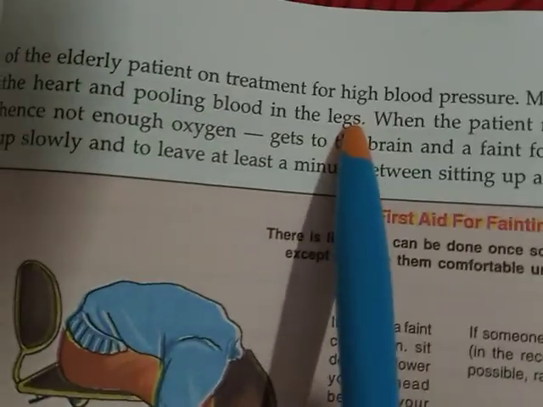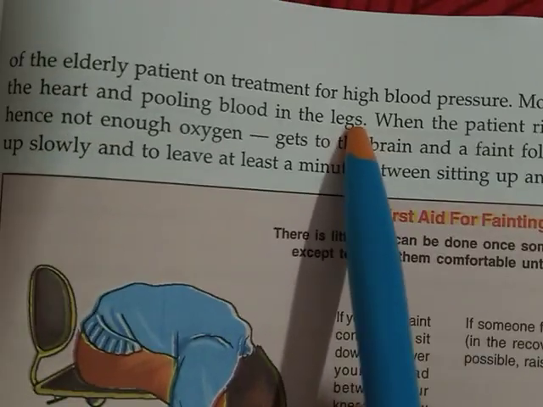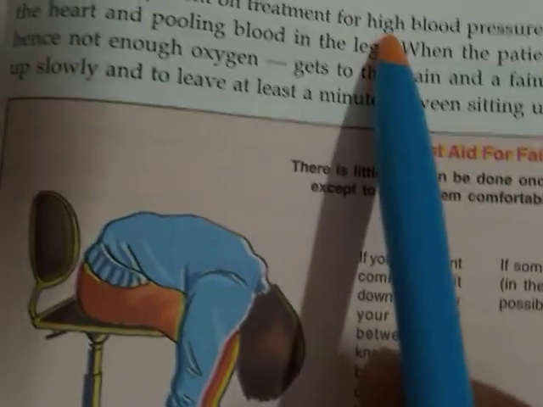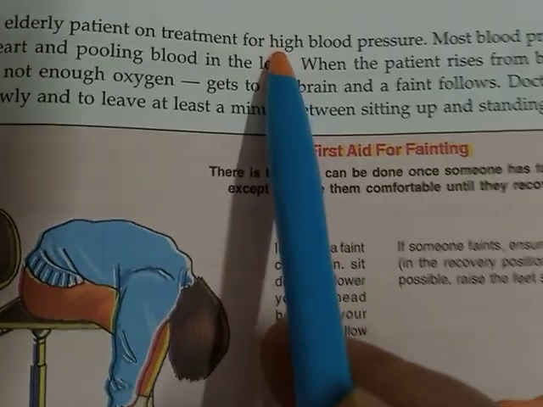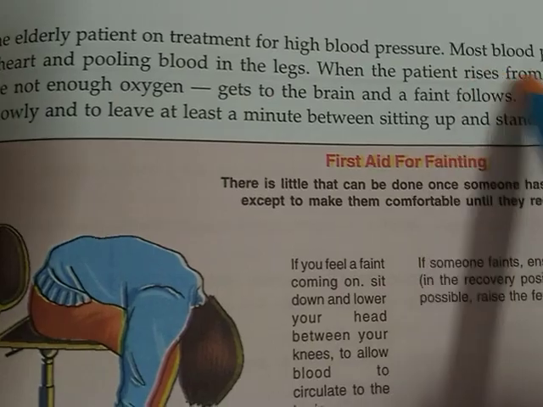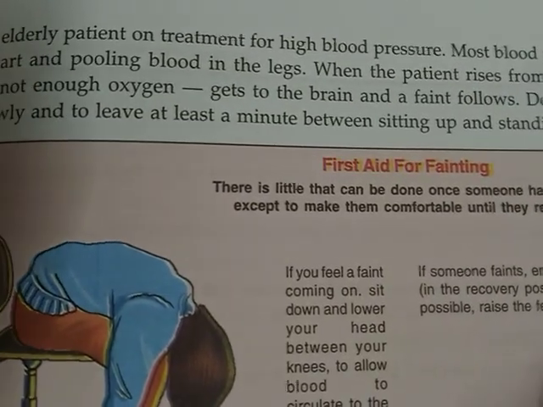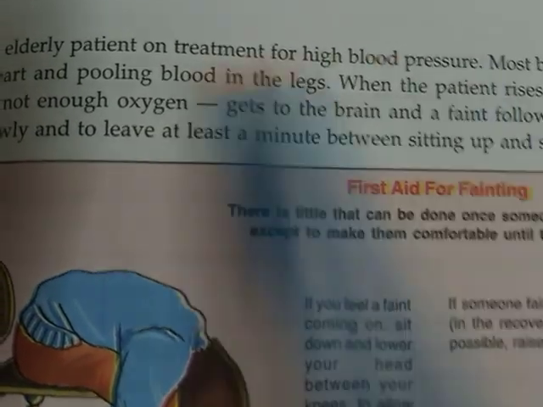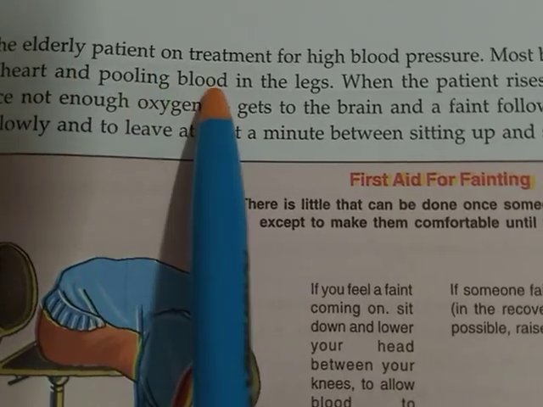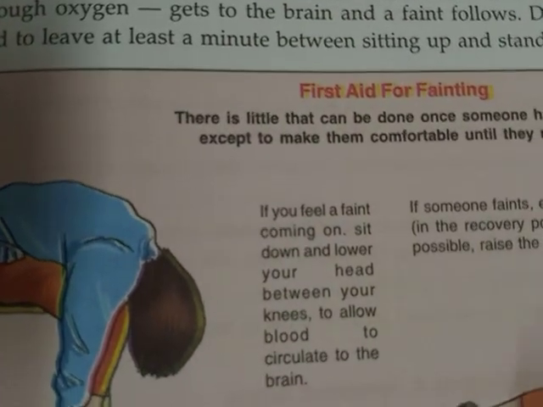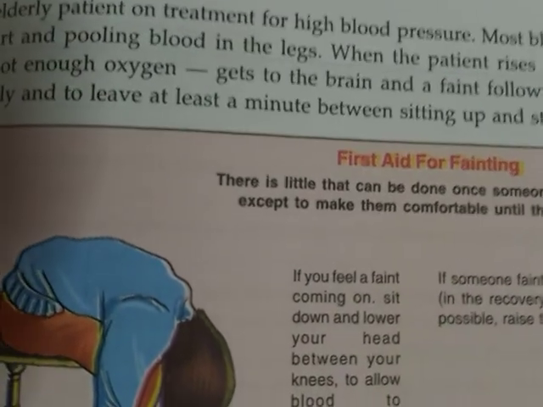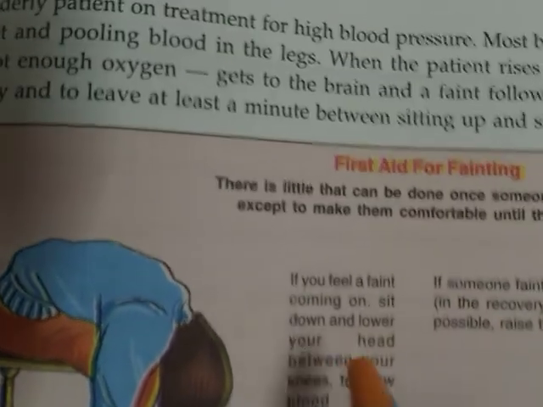Some people suffer from high blood pressure. When they do, they take some medicines or drugs, and those drugs work by slowing the heart and pooling blood in the legs, and by that the blood pressure is reduced and the blood pools in the legs.